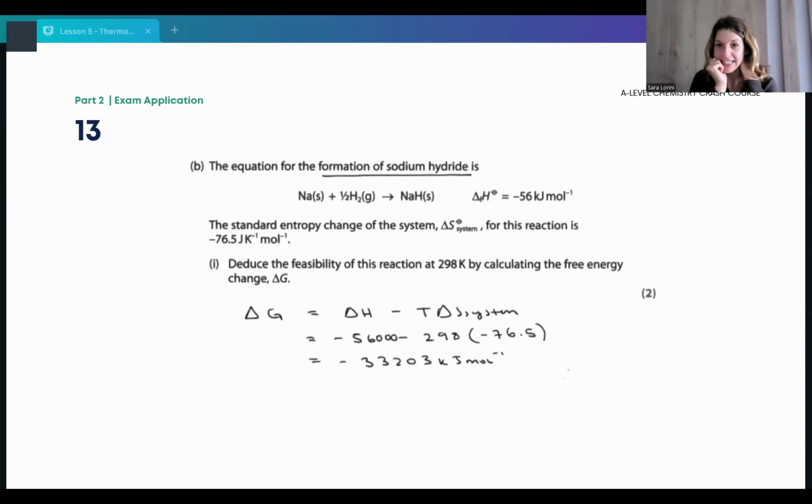Okay, who is spotting the mistake that I never ever wanted to see in such a simple calculation?